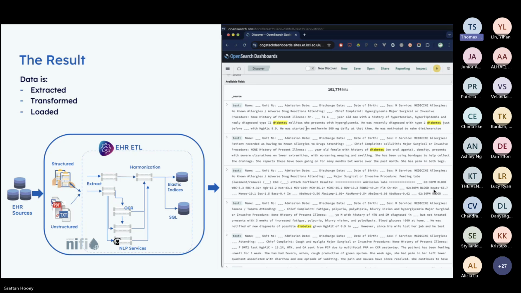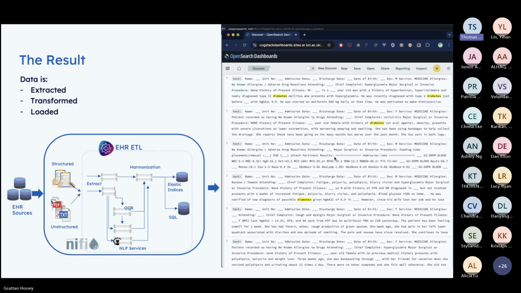You can't see it, it's too small, but there are diabetes results of patients that have a history of gestational diabetes, or no presence of diabetes within their record because their HbA1c was fine, or suspected diabetes because their HbA1c suggested they have it, but it's not confirmed. All that is fine because now the data is searchable, but there's no context within that data, right?